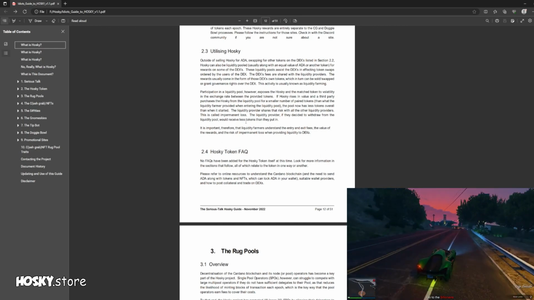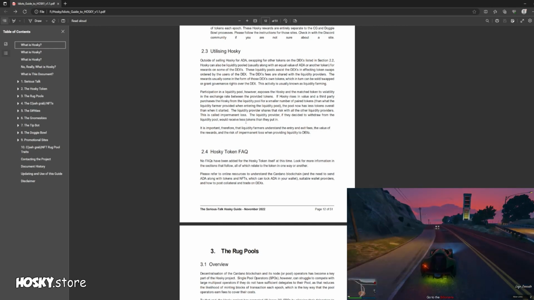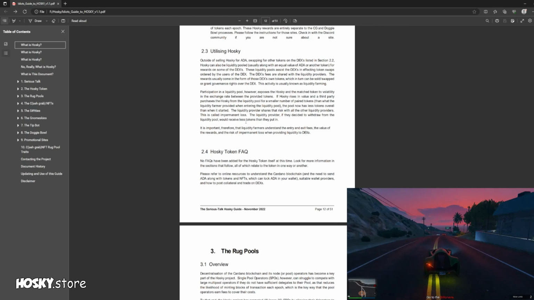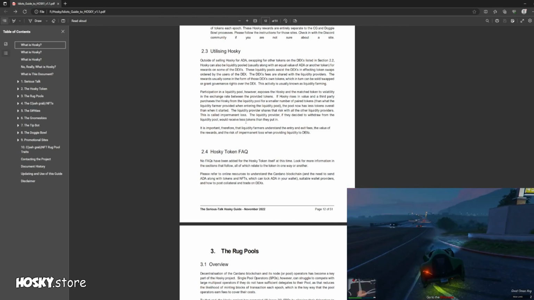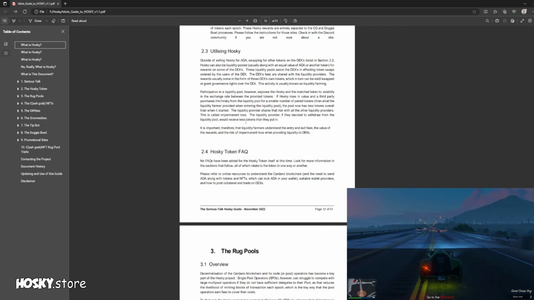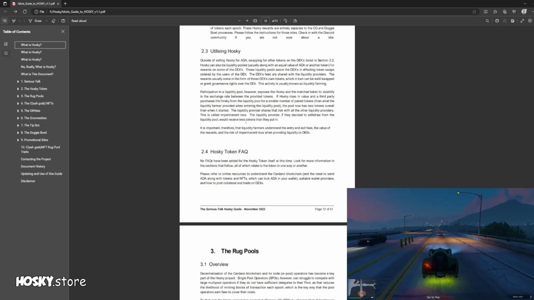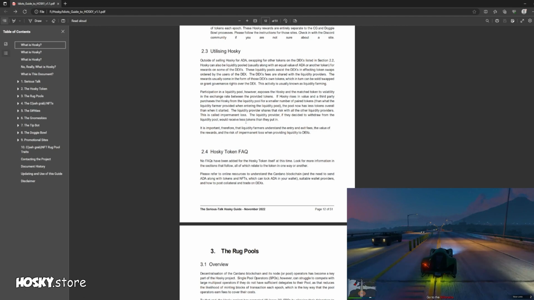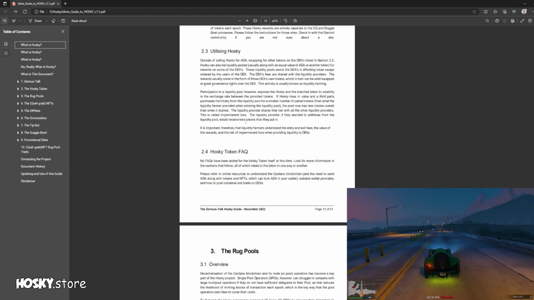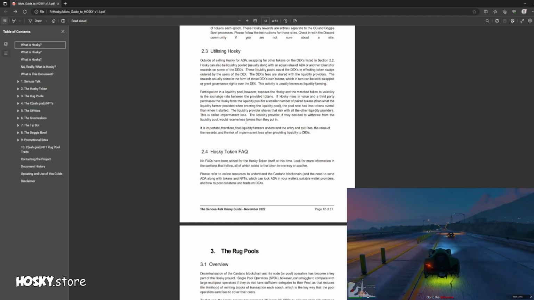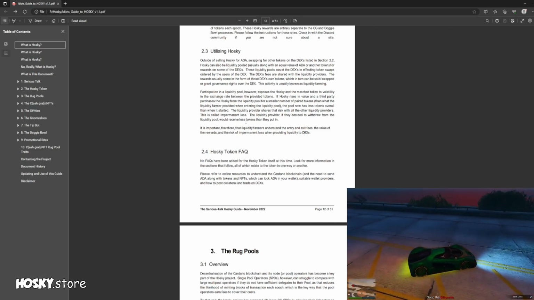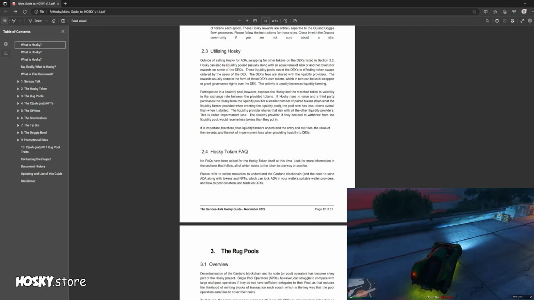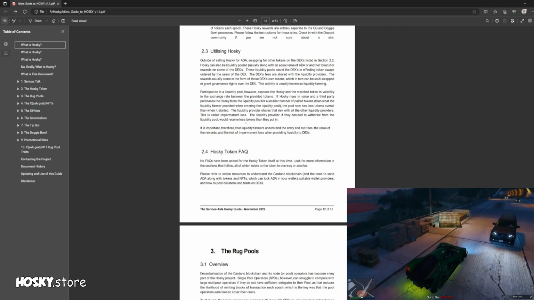The liquidity provider shares that risk with all the other liquidity providers. This is called impermanent loss. The liquidity provider, if they decided to withdraw from the liquidity pool, would receive less tokens than they put in. It is important, therefore, that liquidity farmers understand the entry and exit fees, the value of the rewards, and the risk of impermanent loss when providing liquidity to DEXs.